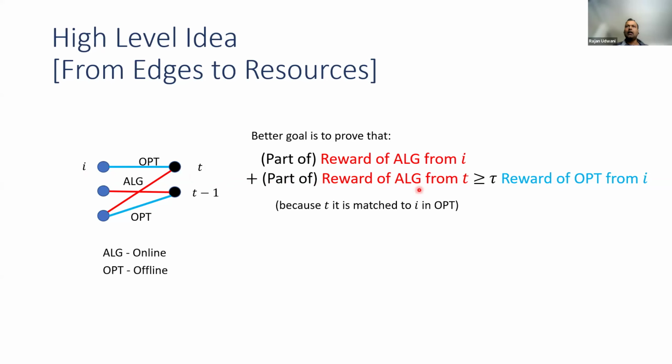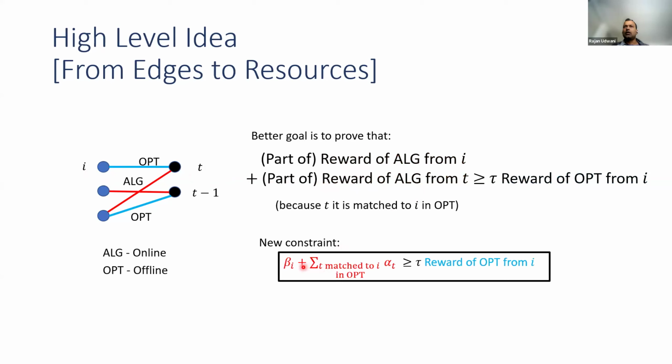So with this idea in mind, one could think of a constraint where we try to figure out whether the following inequalities can all hold. So beta I is a variable that will try to capture part of the reward of alg from I. And then the sum of alpha T, where we're summing over all the arrivals that are matched to I in opt, captures part of the reward of alg from all the arrivals where opt was matching to I, but alg may be doing something else.